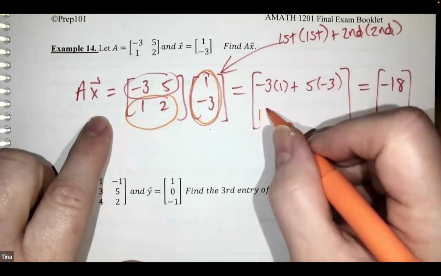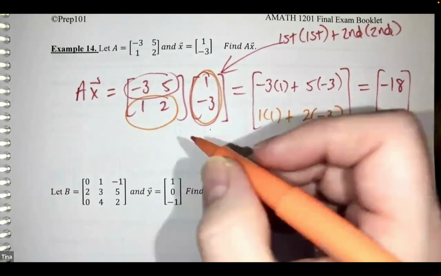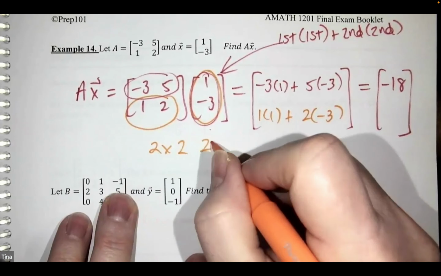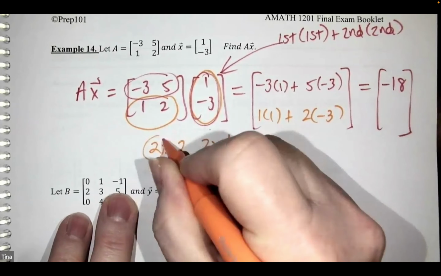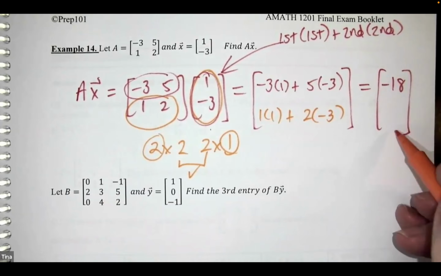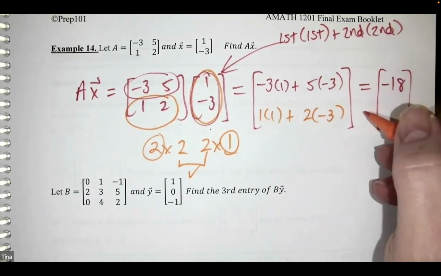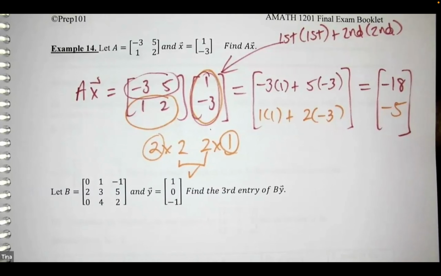So we'd have 1 times 1 plus 2 times negative 3. And again, I did show you dimensions, so you do know that you can do this, and your answer is a 2 by 1, which means 1 column and 2 rows, right? And that's obviously what we got. So this is 1 minus 6 is negative 5.